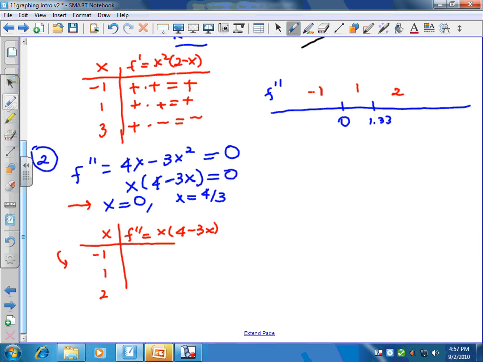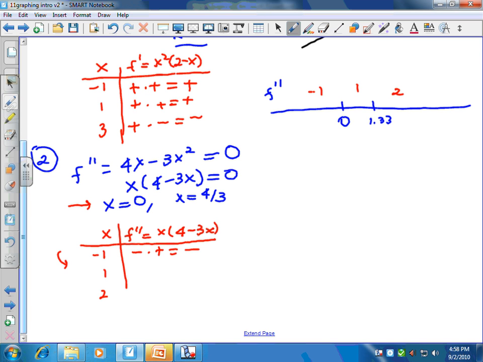So again, you may want to pause the video right now, see if you can finish it, and then come back and check the results. This one turns out to be negative times positive, because 4 minus 3 times negative 1, that's like 4 plus 3, that's positive.